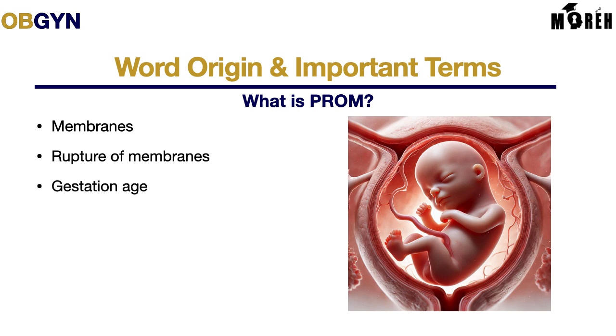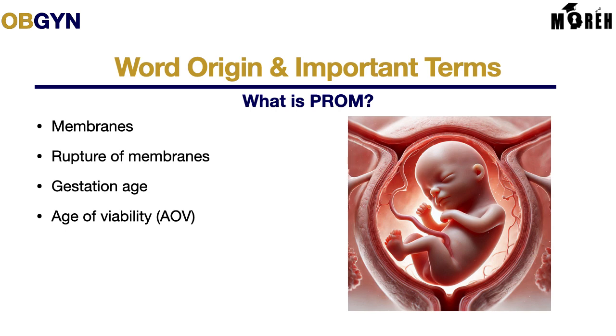Gestational age is the age in weeks at which the pregnancy is at, or the fetus is at. It goes from 0 all the way up to week 40, plus or minus 2 weeks. Another term that you need to understand is age of viability. Age of viability is the age at which the fetus can survive outside the uterus.